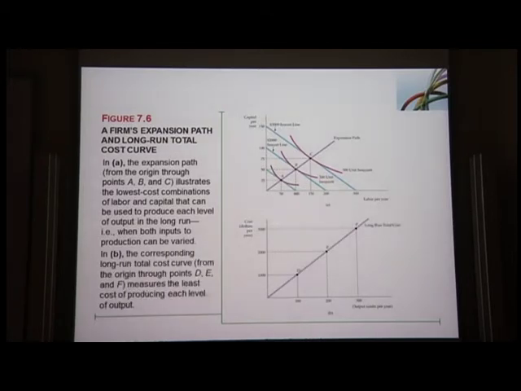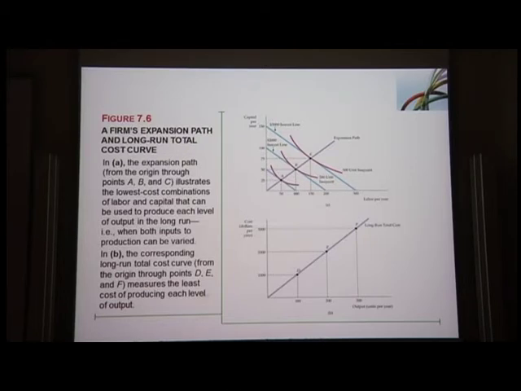What is important from this section is to compare the firms. Why will a firm produce cheaper in the long run than in the short run? Now you will need the expansion path of a firm to be able to do that. So you can see this diagram is quite easy.